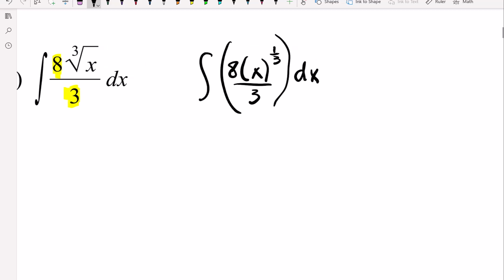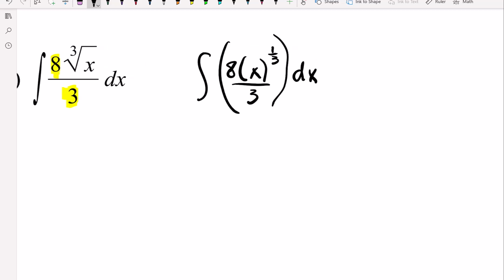Okay, so this is probably how I'm going to do it. But what some would tell you to do is bring out that 8/3 in front, and just make that a scalar, right? Or the reverse distributive, and that just becomes a multiplier.